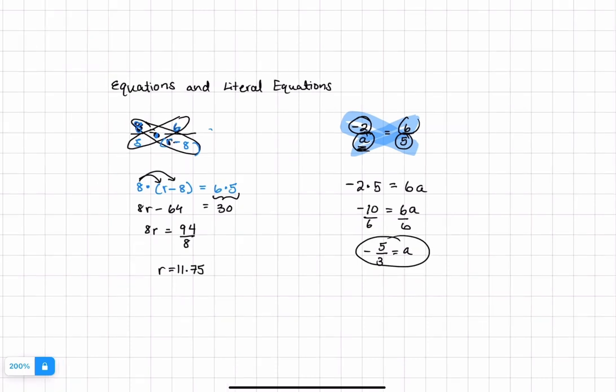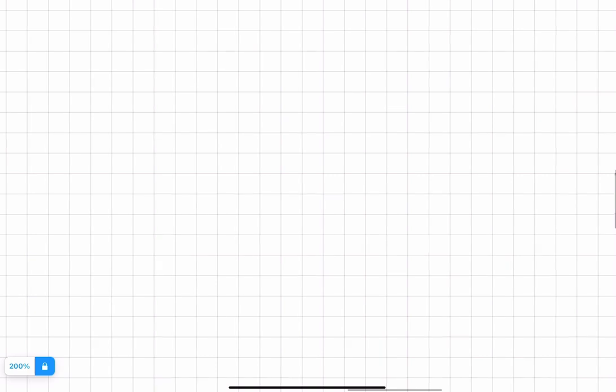There are two special cases when solving equations, and let's name them here. The first one is called no solutions, when you have no solutions for your variable. And the other is when you have infinite solutions for your variable.